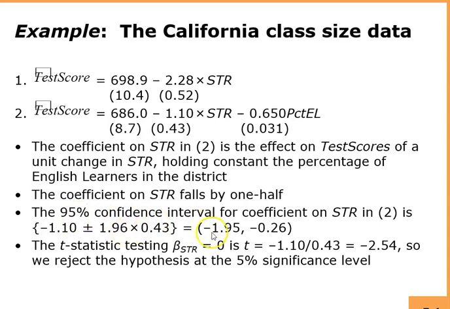When we do that, we get this range of minus 1.95 to minus 0.26. So we can see that 0 is not part of this confidence interval, which means that we can reject the null hypothesis that this coefficient of student-teacher ratio, minus 1.10, is equal to 0.